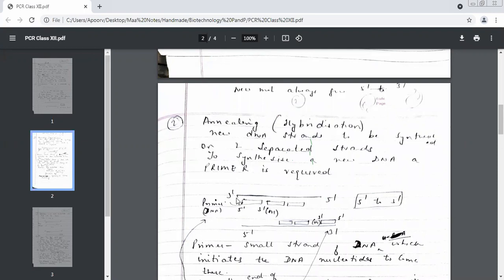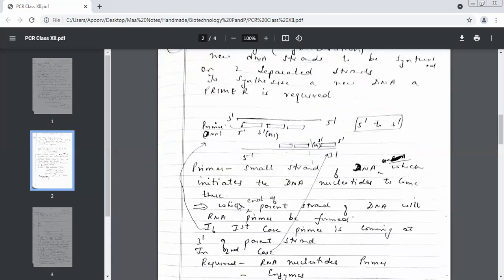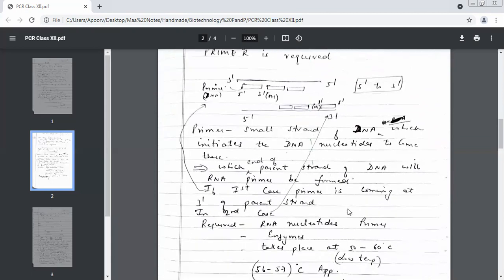So it will attach to which end of the other strand? 3'. Good. So we have annealed the DNA strands, meaning we have added something new. We have hybridized the strands. See this? This is your primer over here. A primer is a small strand of DNA which initiates the nucleotides to come.